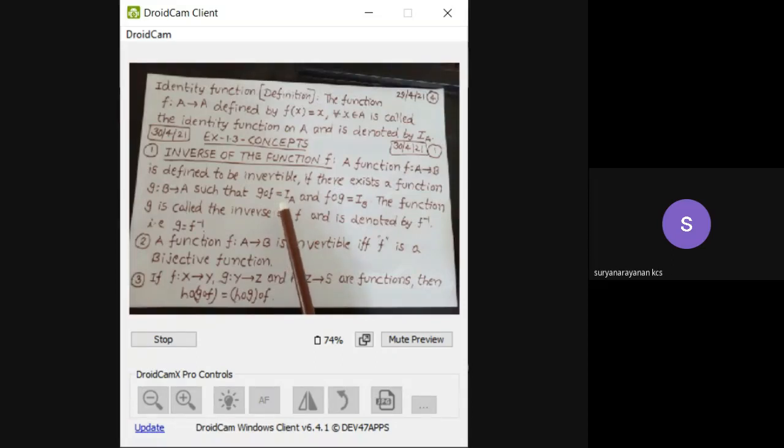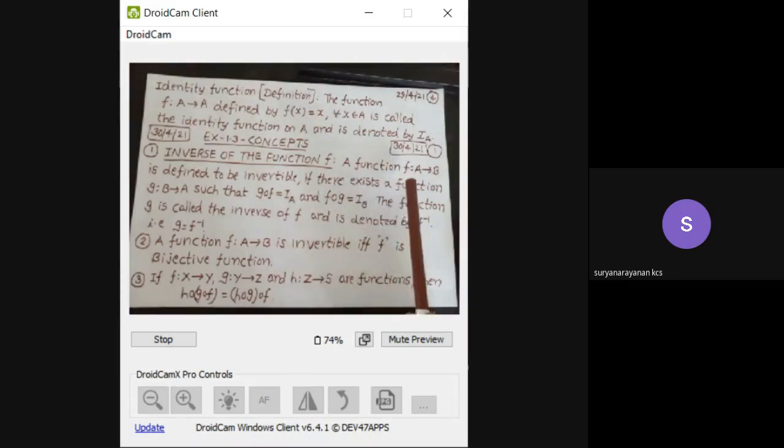What is meant by invertible function? It has an inverse. Remember this point, my children. Invertible function means it has an inverse. If a function has an inverse, then the function is said to be invertible. Vice versa.